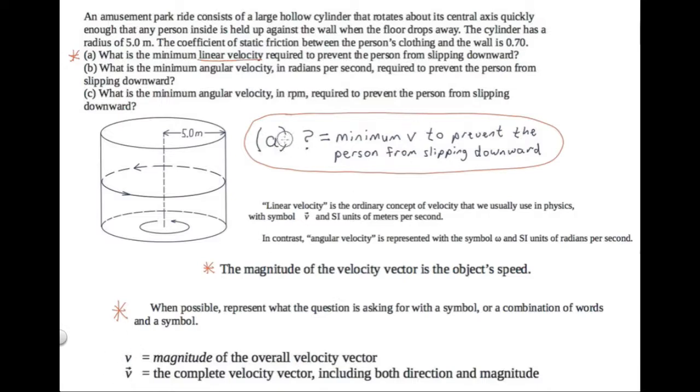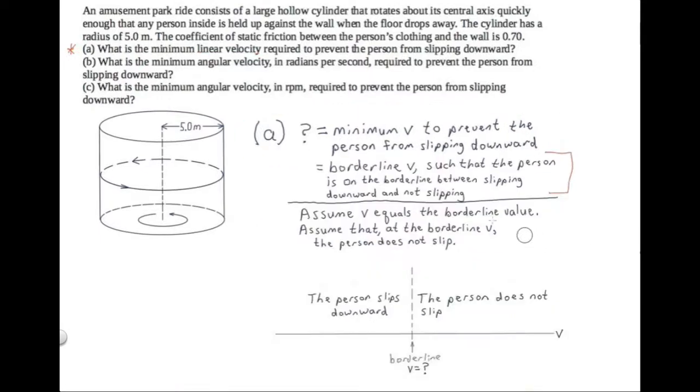So we write that part A is asking us for the minimum speed required to prevent the person from slipping downwards. Now, this type of problem is actually best interpreted as asking us for the borderline speed, at which the person is right on the borderline between slipping downwards and not slipping.